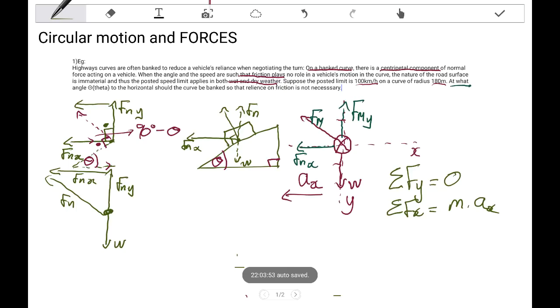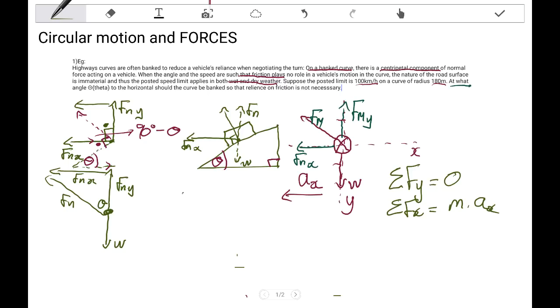That's my sketch. Theta is taken from here, and you have something like that. So if I have theta, I want to write this Fny in terms of theta, and this Fnx in terms of theta.